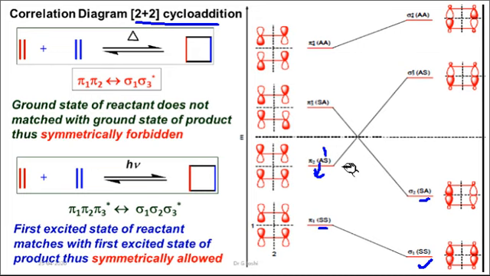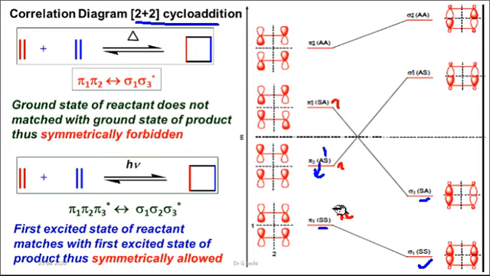Whereas, if we excite one electron from this to this, then we have two electrons here and the third and fourth electron here. Then we can see that under this excited state, the first excited state of the reactant must match with the first excited state of the product, which is clearly seen in this slide.